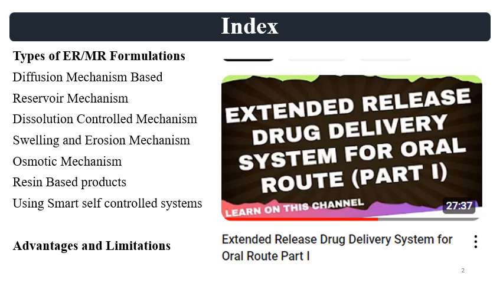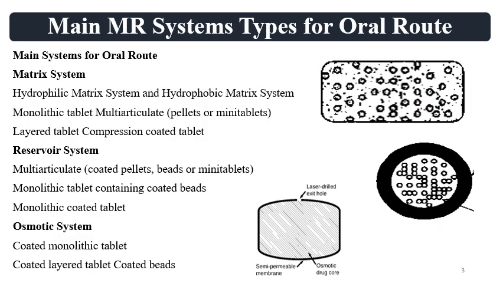See, there are various products available in the market which are based onto different mechanisms and release principles. Out of those, only the main products or main types for the ER or MR formulations I am going to discuss. So mainly the types are matrix system, reservoir system and osmotic system for the oral drug delivery.